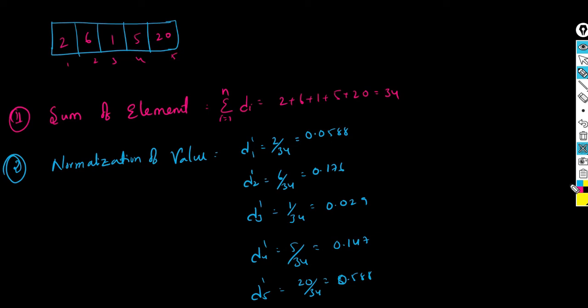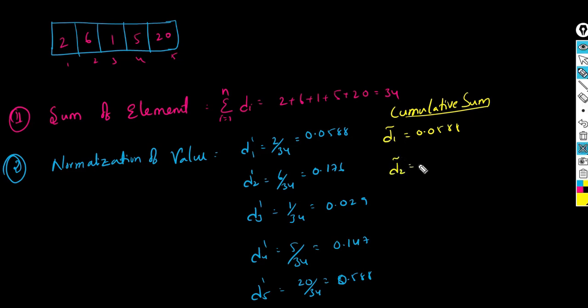In the next step, we are going to take the cumulative sum of these values. Then we call d1 bar. d1 bar is equal to 0.05, because there is no other element below that one.